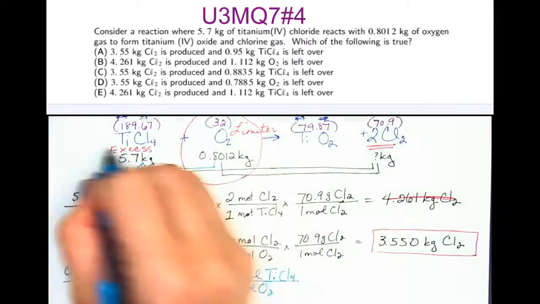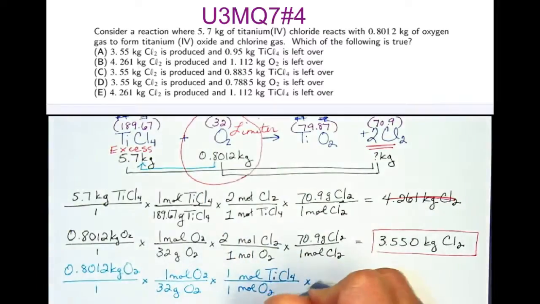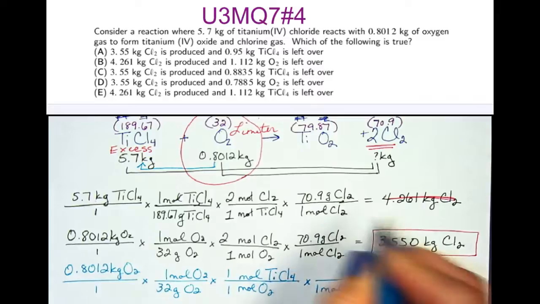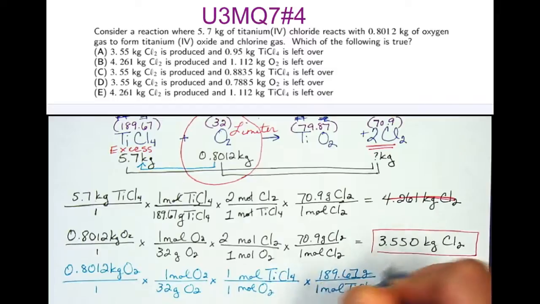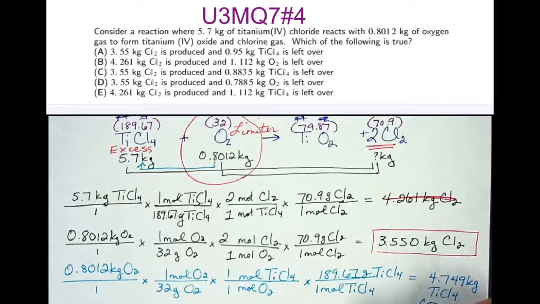It is a 1-to-1 ratio. And the molar mass is 189.67 grams from the periodic table. So 0.8012 divided by 32 times 189.67 gives me 4.749 kilograms of titanium 4 chloride consumed.